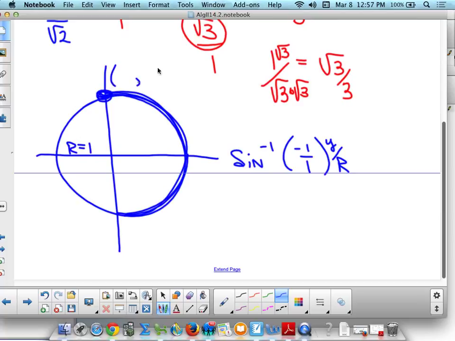Brady said, is it 90? Is the y value going to make it negative 1? No, it's not 90. What is it? Isn't it negative 90? Because that would be 0, negative 1. The y value over the radius is negative 1 over 1.